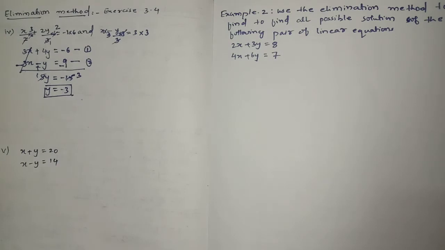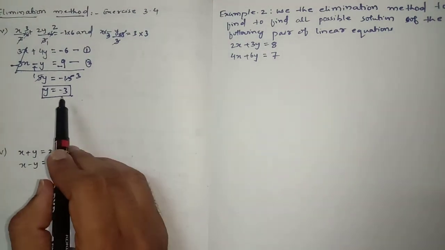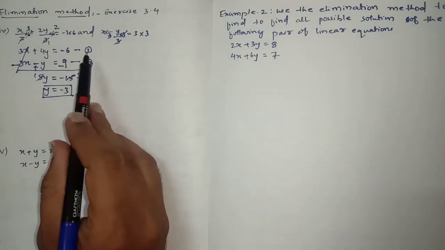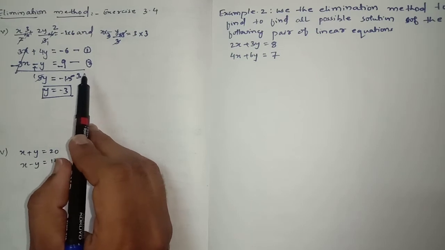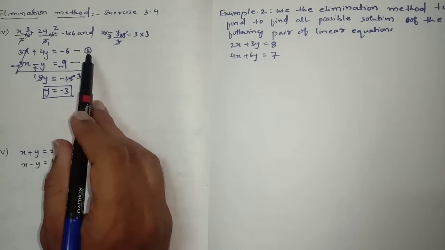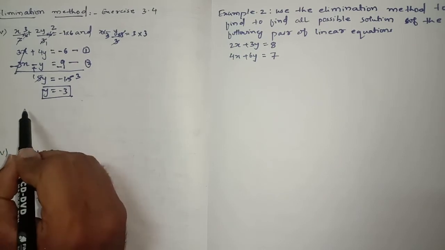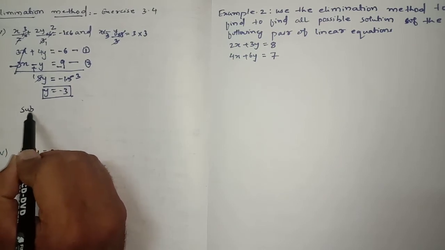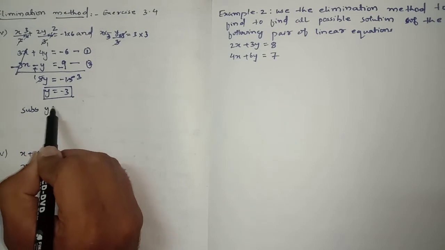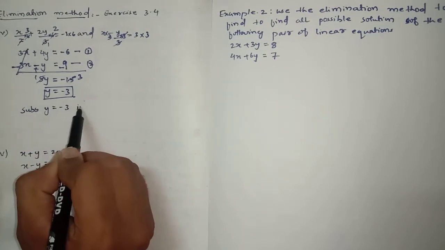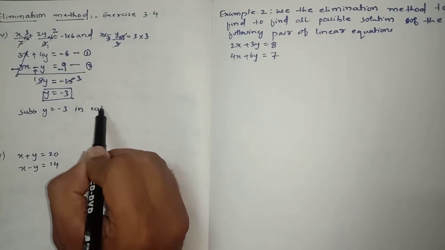Now we have to substitute y is equal to minus 3 either in equation 1 or equation 2. I am substituting in equation number 1 to get the value of x. Substitute y is equal to minus 3 in equation 1.